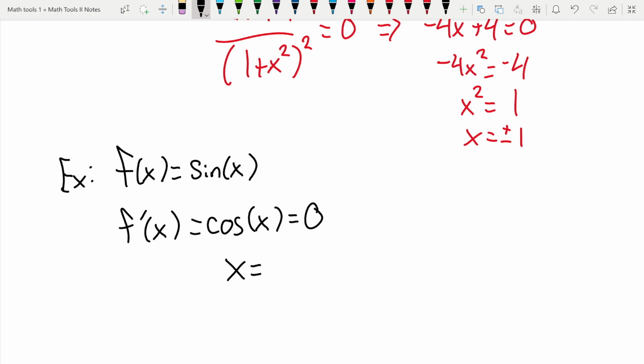This is going to be when x is equal to pi over 2 plus pi k. You can confirm that with the unit circle. And then we'd say k is an integer. And this is how we write the symbol for integers.